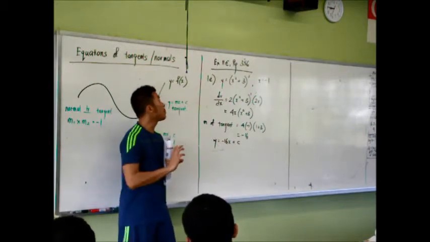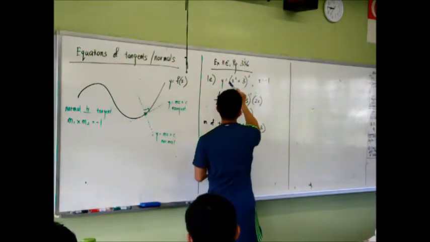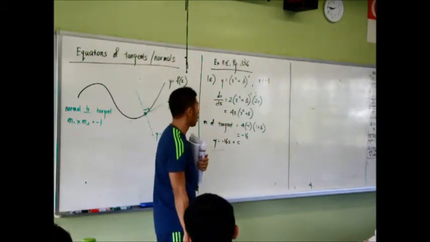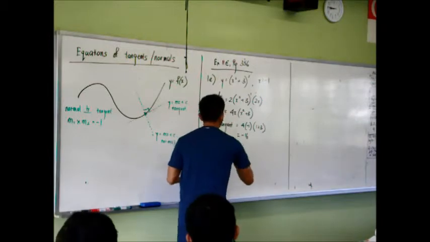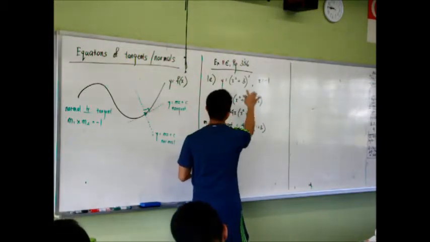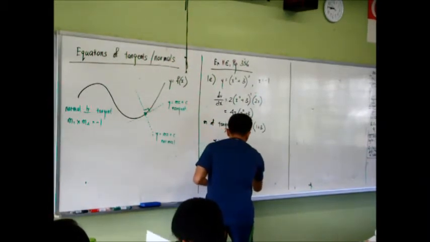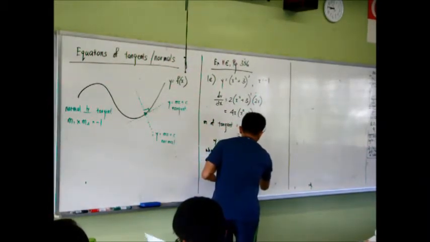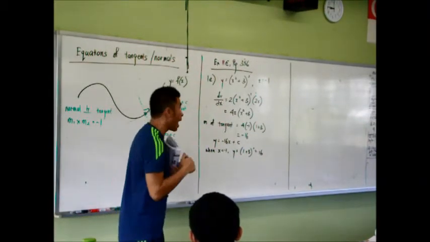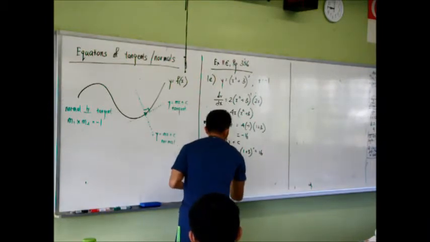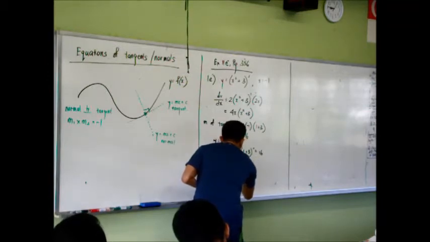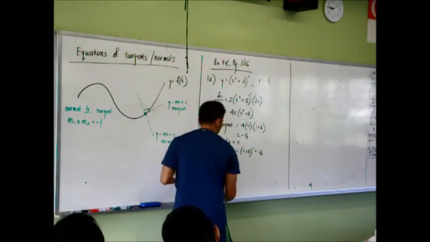Yes. We must substitute x is equal to -1 inside the original equation again to find the y coordinate. So this is not sufficient. When x is equal to -1, you need to substitute inside the original equation. So I'll get 16, am I right? So now, at which point? This point, -1 and 16. I can substitute inside here now.